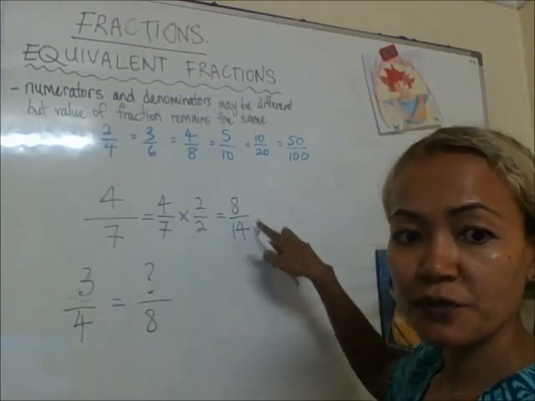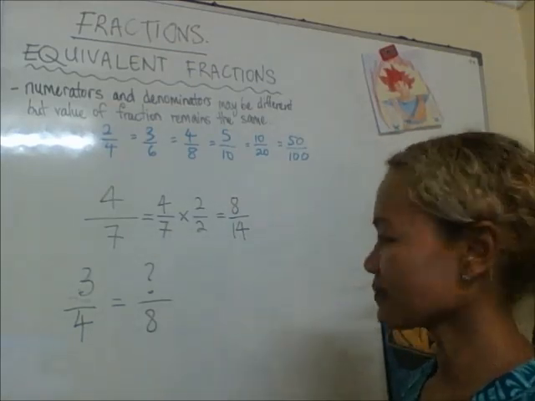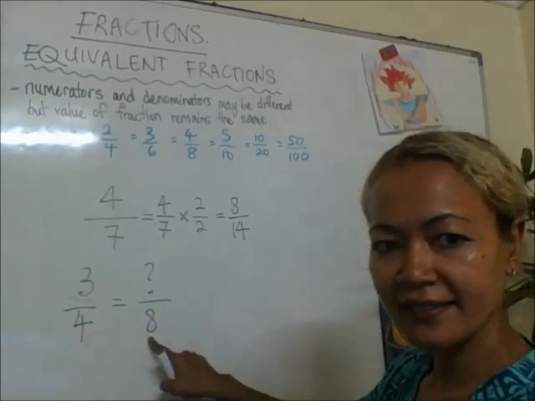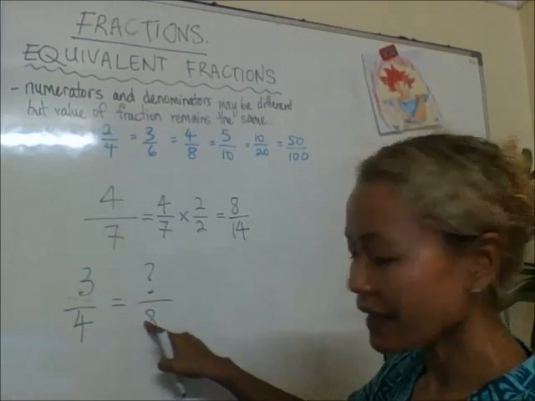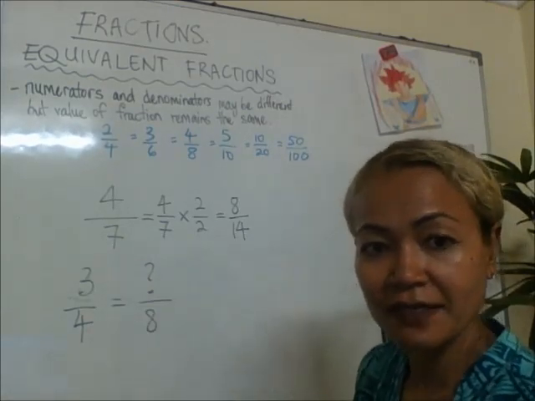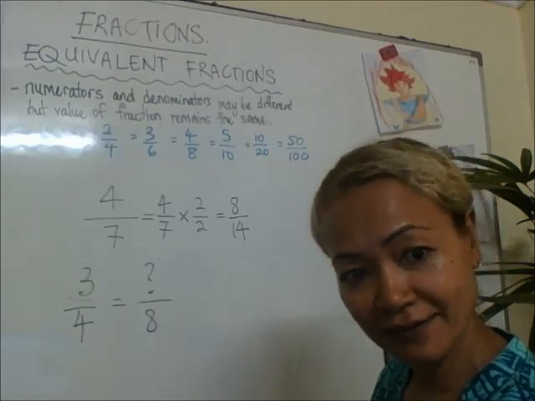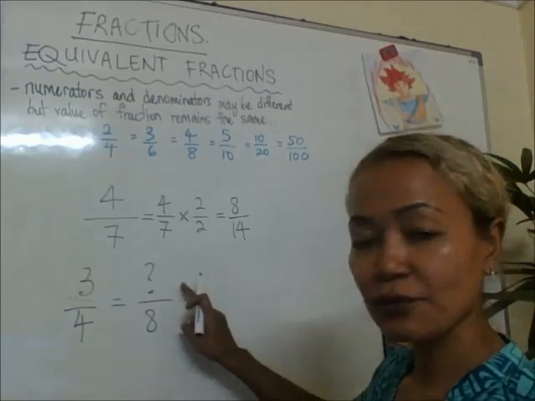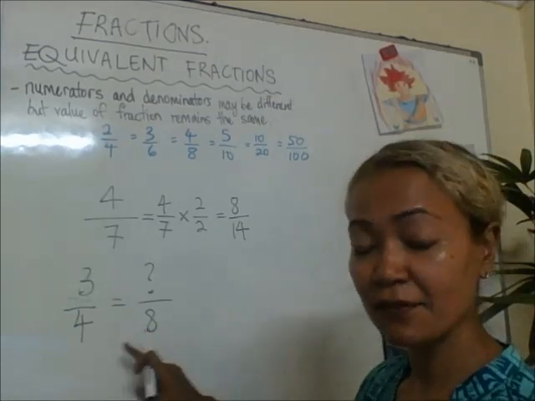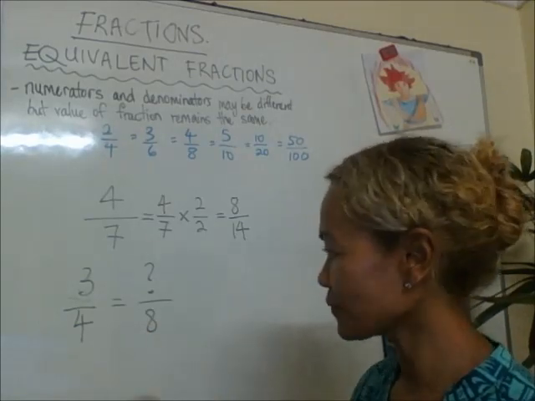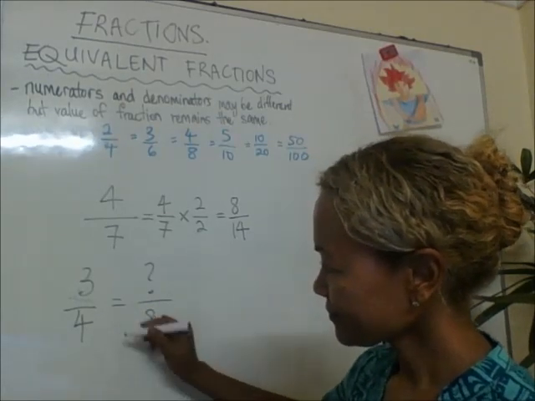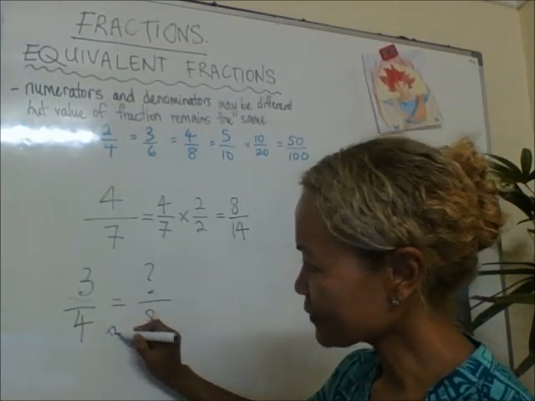Then the answer will come up to an equivalent fraction. So how do you get from 4 to 8? Whatever you multiply by the bottom, you should also multiply by the top, because that'll be equivalent to multiplying by 1. And it'll give you an equivalent fraction. How do you get from 4 to 8? Multiplied by 2. So multiply by 2.